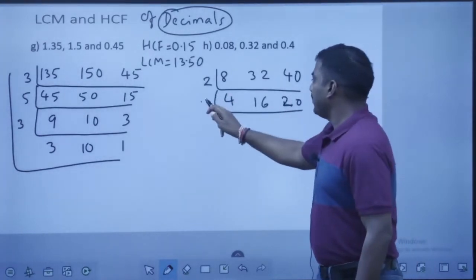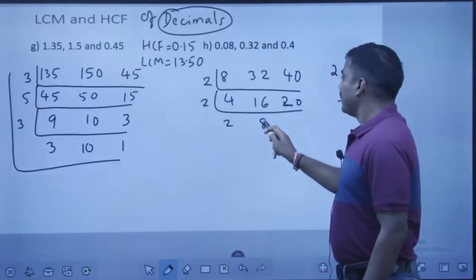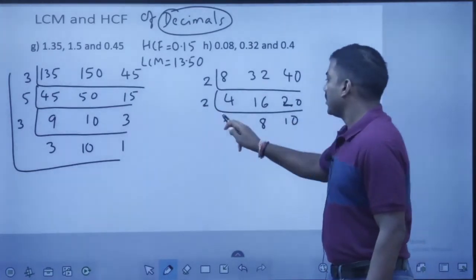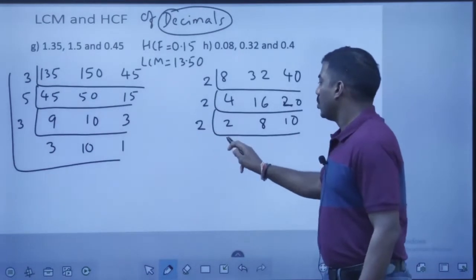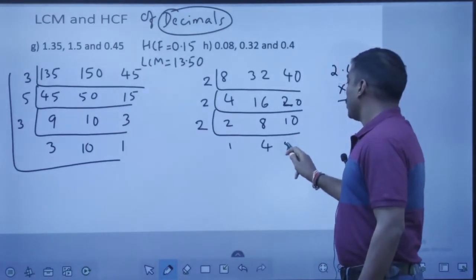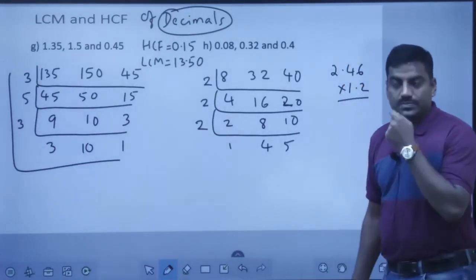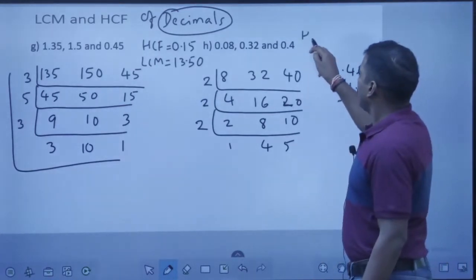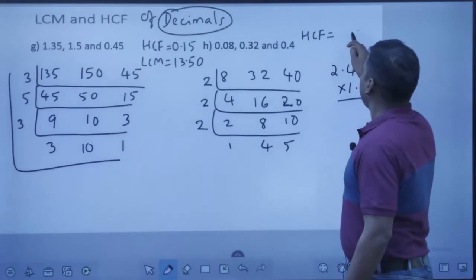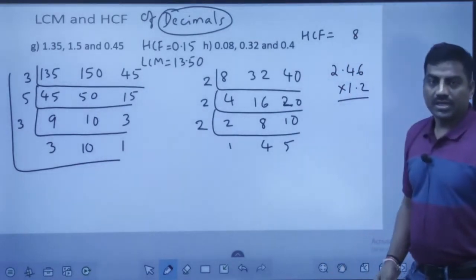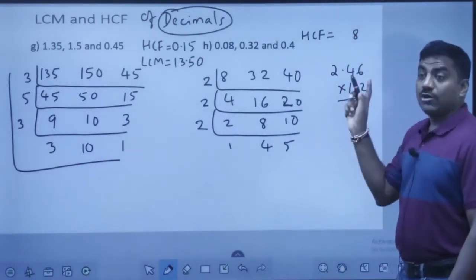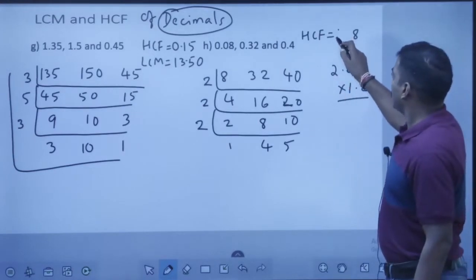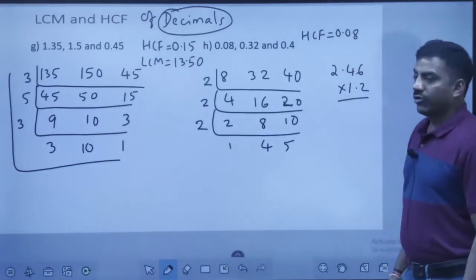Similarly, 2 2s are 4, 2 8s are 16, 2 10s are 20. Again 2: 2 1s are 2, 2 4s are 8, 2 5s are 10. HCF journey is done. HCF is equal to 8. But is it the right answer? No. Give back 2 points: 0.08.